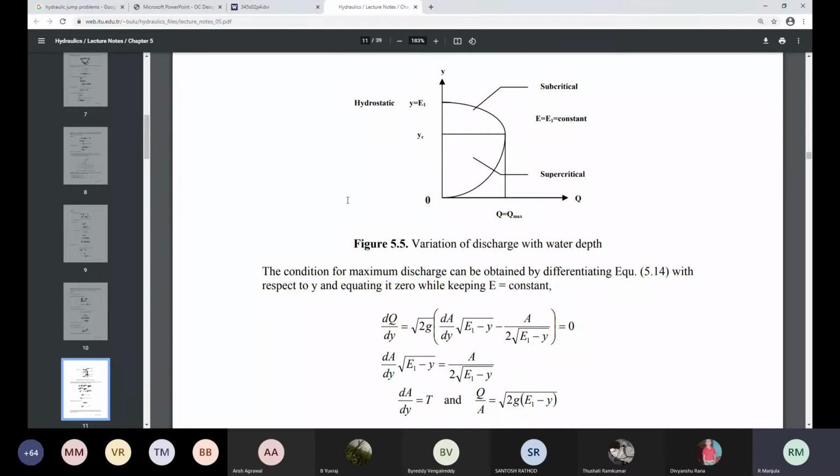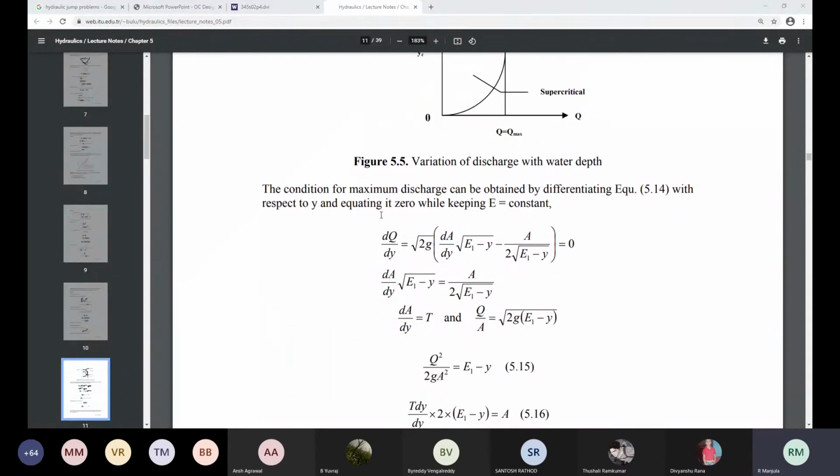Suppose the specific energy is constant but the discharge is increasing, then you will be having subcritical flow condition and supercritical flow condition. So here, in the discharge versus depth, you will be having subcritical and supercritical flow conditions, keeping specific energy constant.